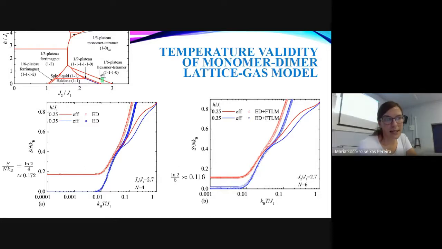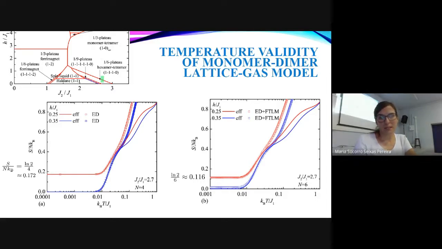Above the critical field, at 0.35, the ground state is the non-degenerate monomer-tetramer state, and indeed entropy goes to zero at zero temperature.